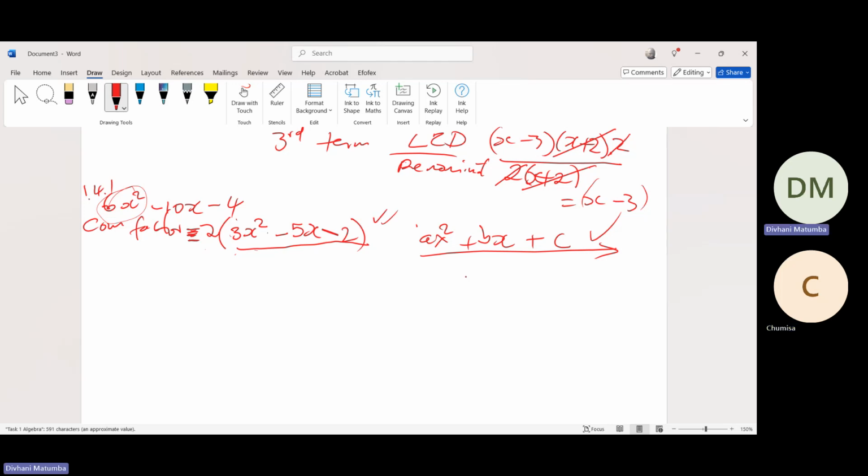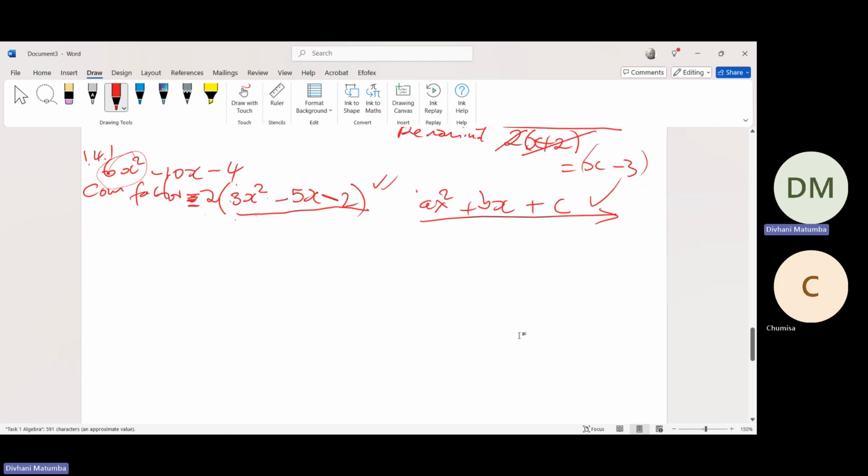Okay. Now, to factorize this expression, there's 2 ways. Last week I said, what is it that you can use to factorize a trinomial? I said you can use the normal factorization, whereby you determine the factors, or you can use the quadratic formula.